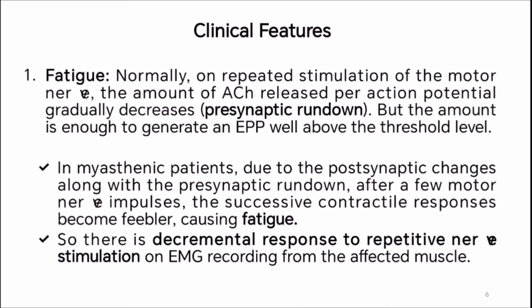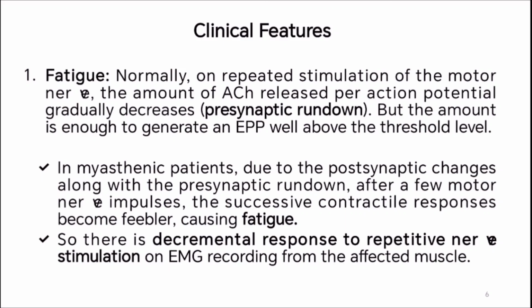What is happening in myasthenia gravis? In myasthenic patients, due to the postsynaptic changes along with the presynaptic rundown, after a few motor nerve impulses the successive contractile responses become feebler. That results in fatigue. There is also a decremental response to repetitive nerve stimulation on EMG, electromyography recording from the affected muscle. So fatigue is an important feature of myasthenia gravis.